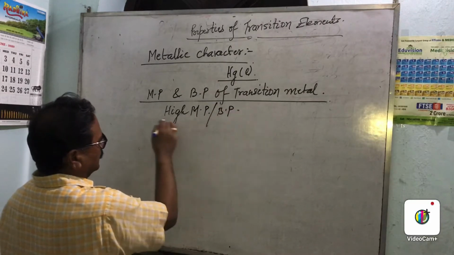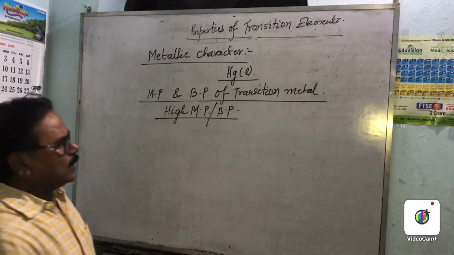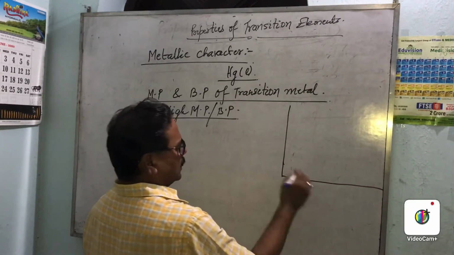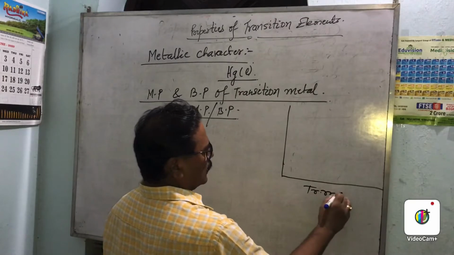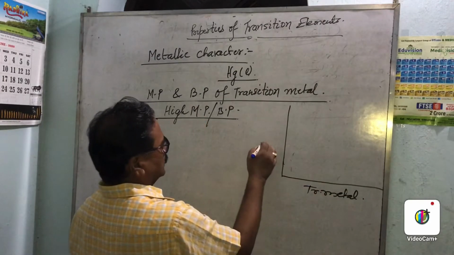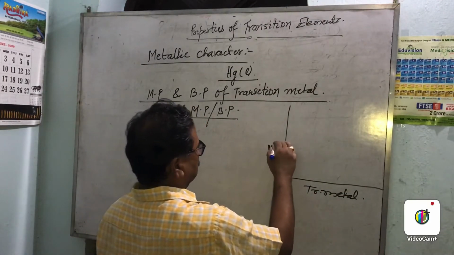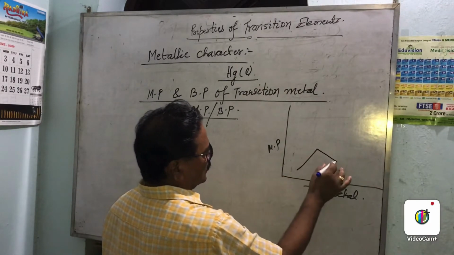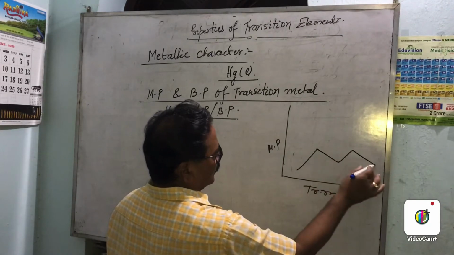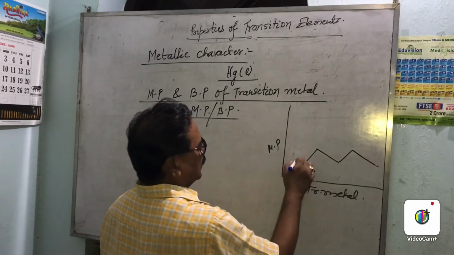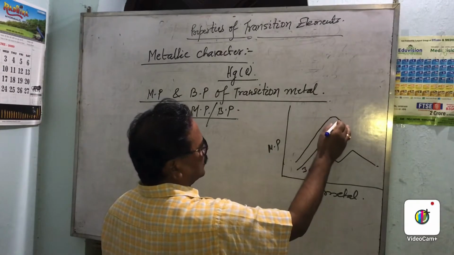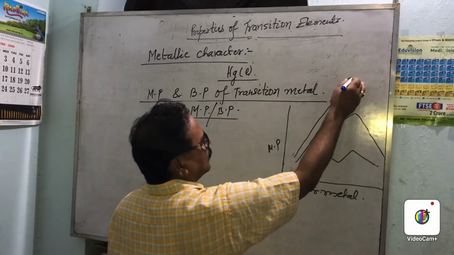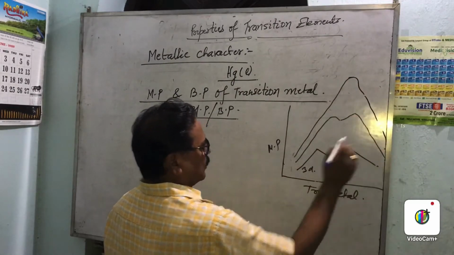If you look at the figure, because I draw the simple figure, this is the transition metal and this is the melting point. If you see the graph, it is like this, and thereafter this is the 3d series, with this type of graph.